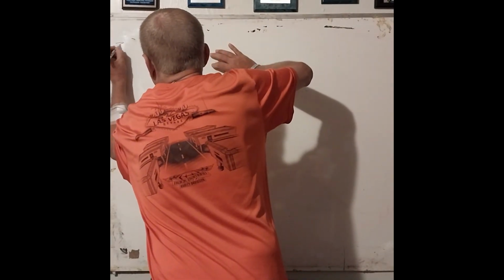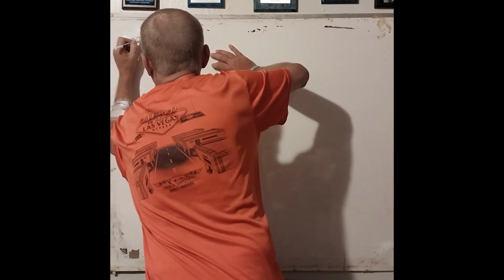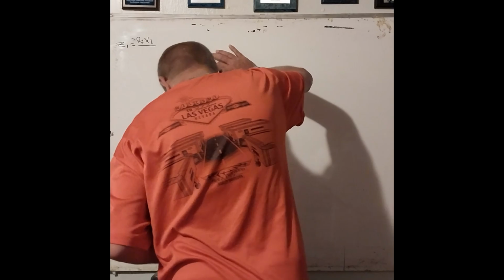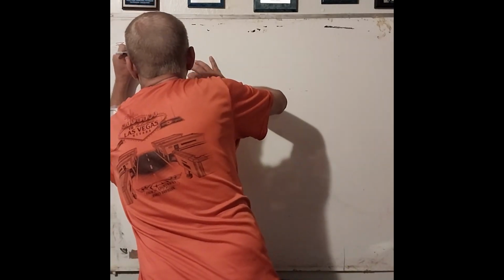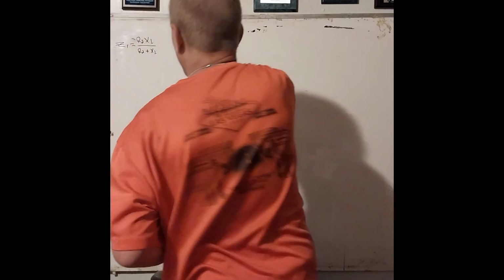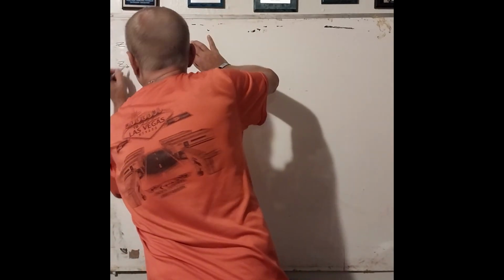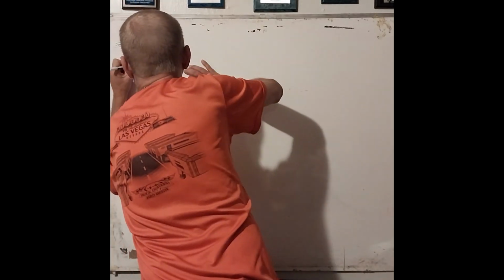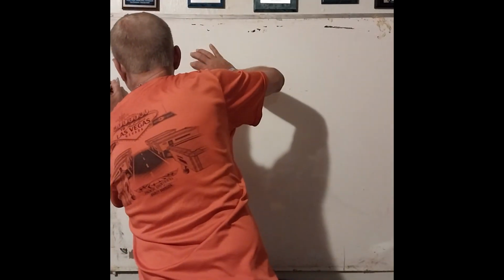So Z sub 1 is equal to R2 times X of L over R2 plus X of L. Alright, and Z sub 2 is equal to R1 plus Z sub 1.